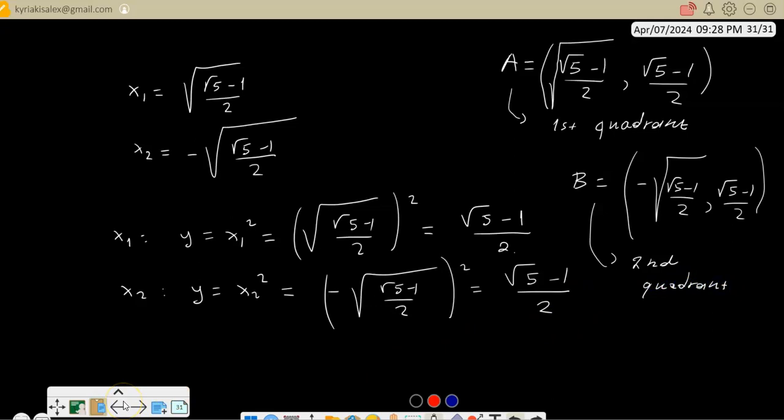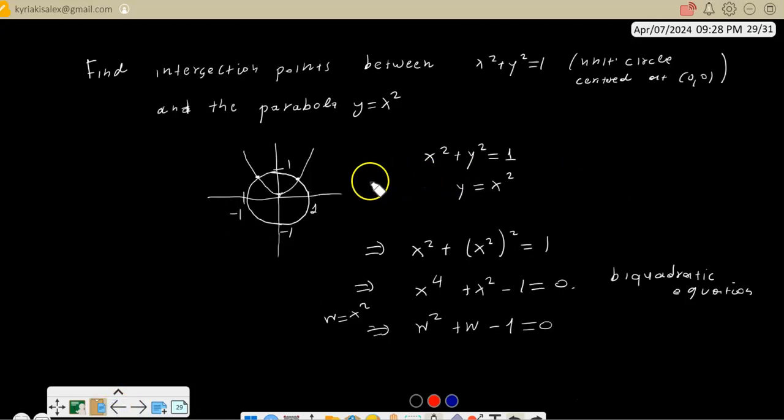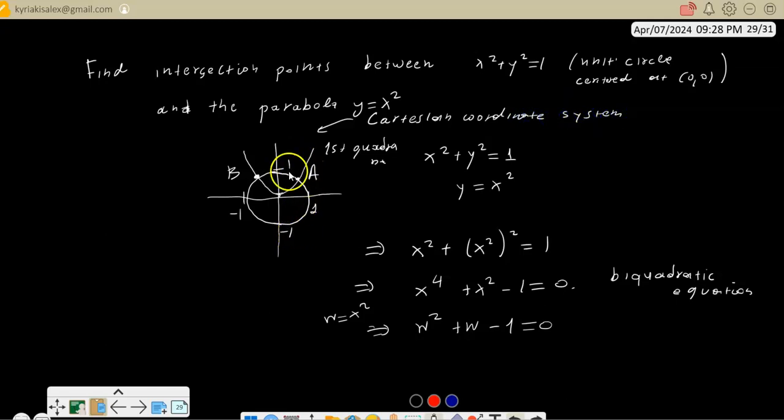Now let's go back to the graphs. So here I have A coordinate, and here I have B. And this is the first quadrant of my Cartesian coordinate system, and B in the second quadrant.